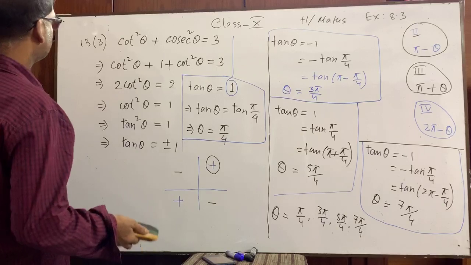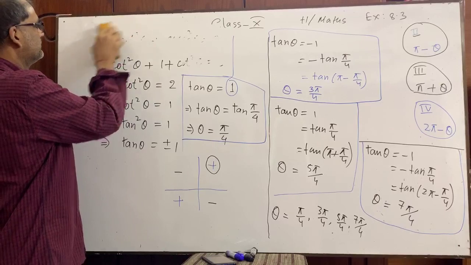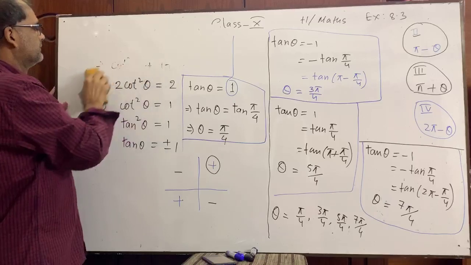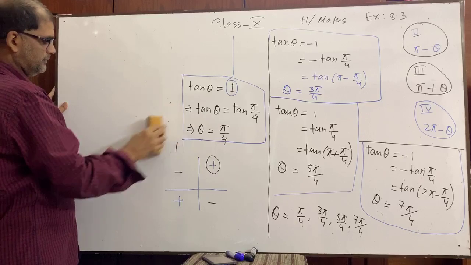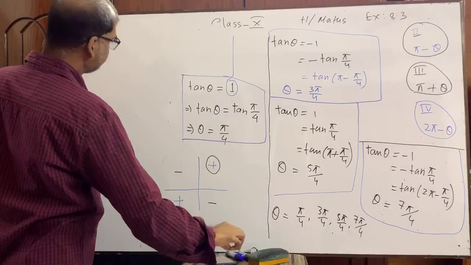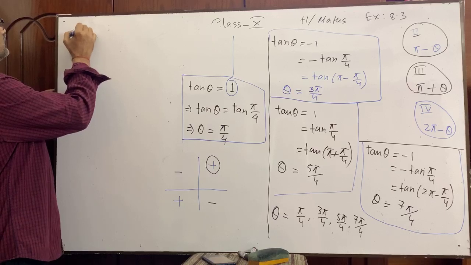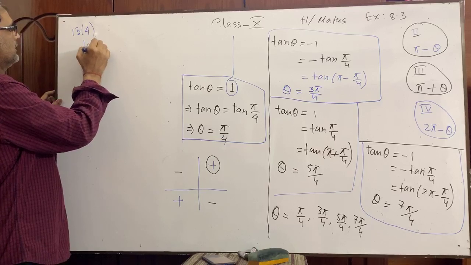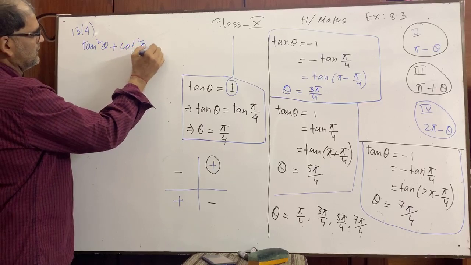I am going to question number 13.4 now. Question number 4 of 13, where the math is given: tan square theta plus cot square theta equals 2.